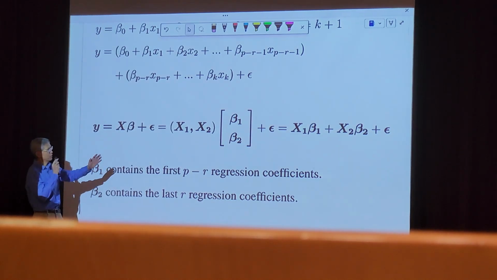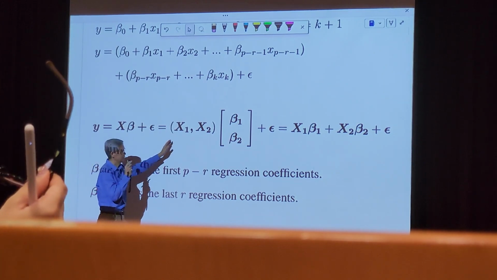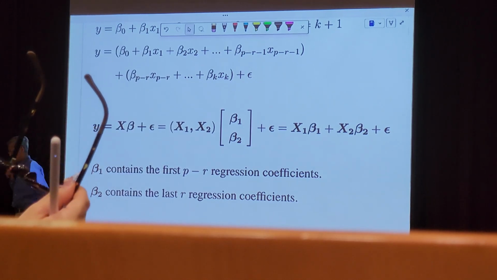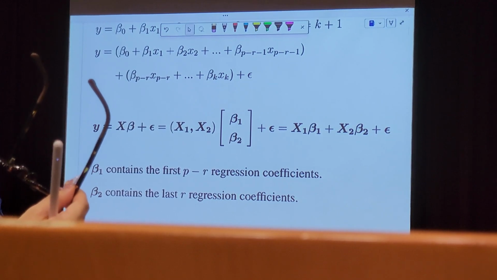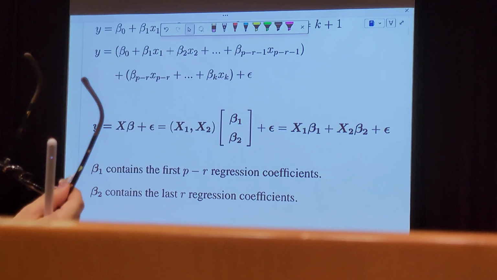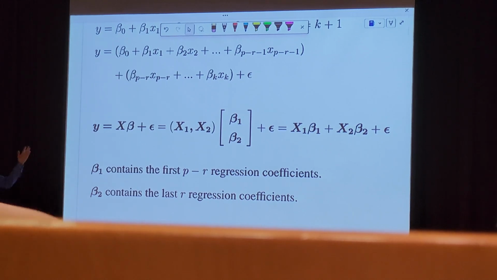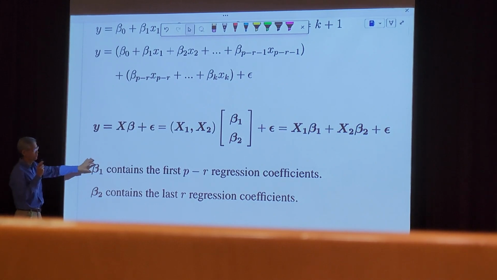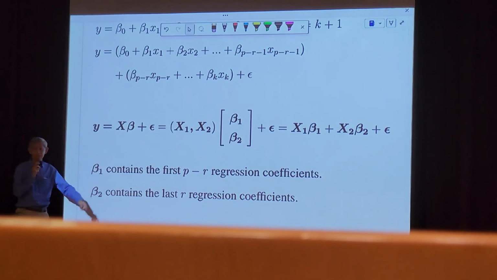So in matrix notation, this is what it is. You can multiply out to get X1 beta 1 and X2 beta 2 plus epsilon. So how many regression coefficients are there? P minus r. Beta 2, r of that. Alright.